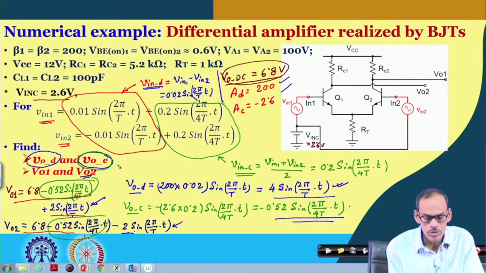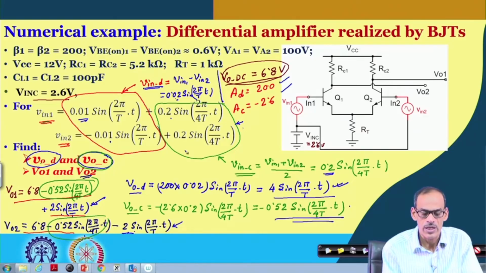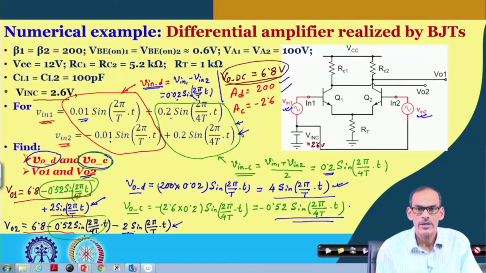However, if you see at the input, if you compare the differential part, which is 0.02 rather, and common mode part, it is 0.2. So, here on the other hand, the common mode part was 10 times higher, which indicates that whatever signal we are receiving here may be getting significantly affected by an unwanted signal having an amplitude 10 times higher than the desired differential signal.